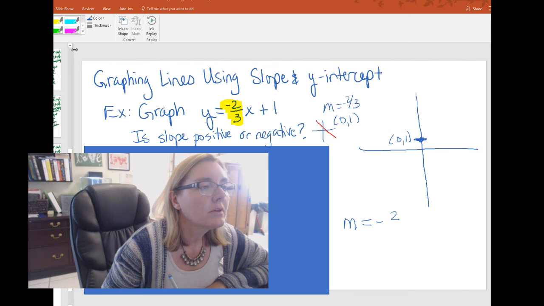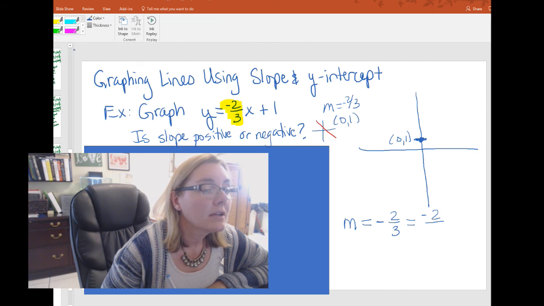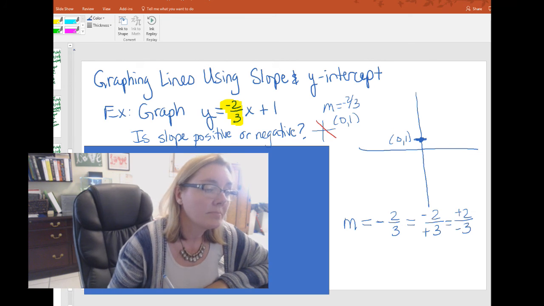The slope we were given is negative 2/3. In fractions, it doesn't matter where the negative goes. It can go out front, in the numerator, or in the denominator. If it's in the numerator, -2 over +3. If it's in the denominator, +2 over -3.